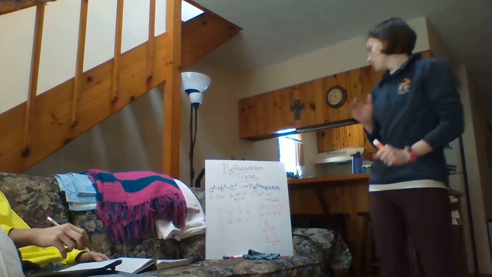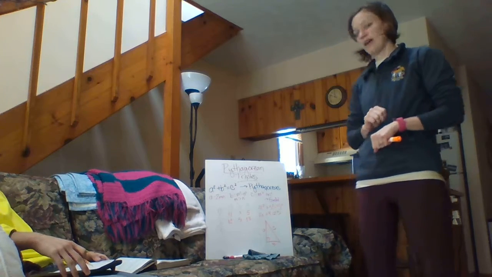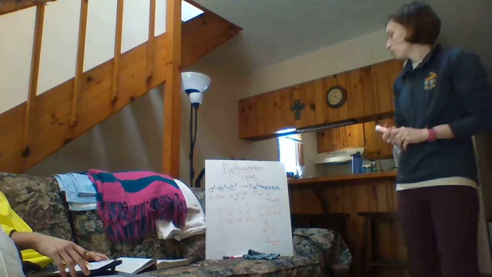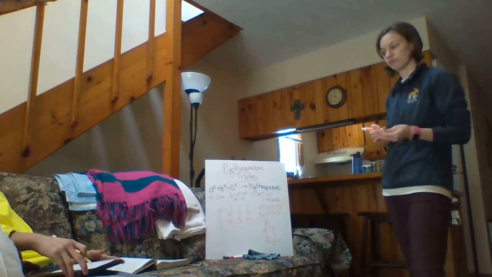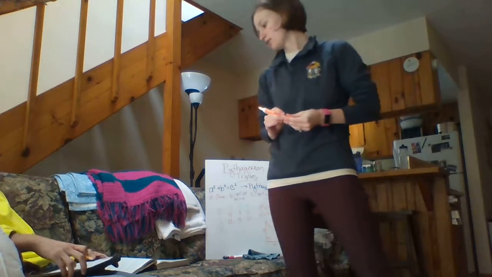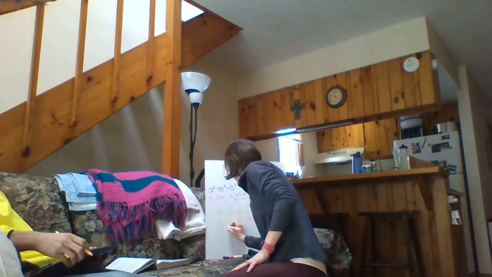So now we go to m equals 4, and that means our n is 3, which makes our A leg 2 times 4 times 3, 24.